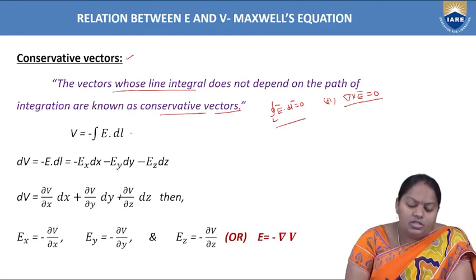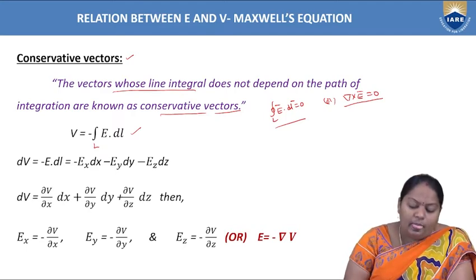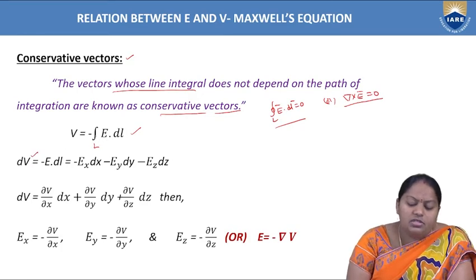Now, we know the relation is given by V equal to minus integral L E dot dl. If you consider differentiation on both sides, V becomes dV, integration and differentiation get cancelled, and E dot dl is left out.